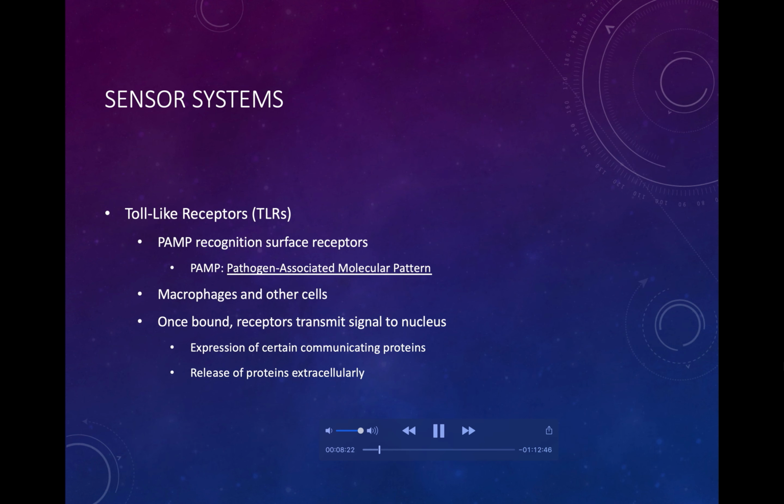Okay, so here we are again with our specific pathogen-associated molecular pattern. Again, these toll-like receptors bind to these pathogen-associated molecular patterns, and they're found on the surface of our white blood cells, like macrophages and other phagocytic cells, but also on the surface of our epithelium.